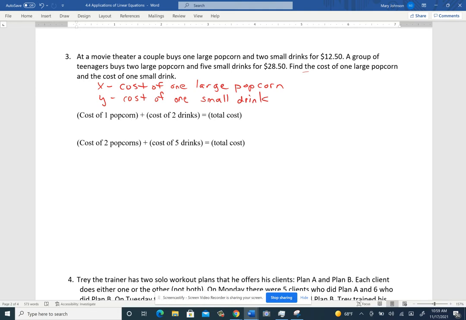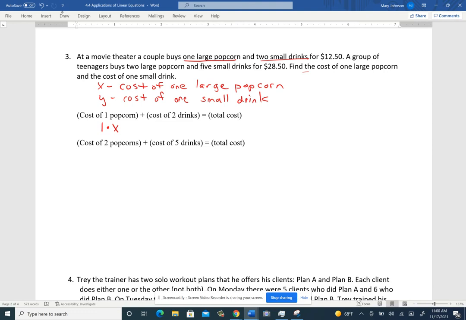All right, so what's going on here is the first sentence is one scenario. They bought 1 popcorn and 2 drinks. If they bought 1 popcorn and popcorn costs X dollars, then 1X would represent the cost.